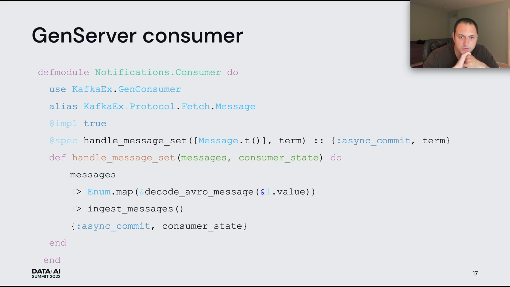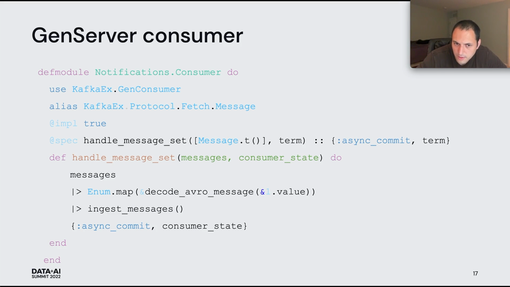So messages comes in as a list, and we start the pipe chain. We send that collection to Enum.map. For each message, it's going to decode it as an Abra message. The &1 is a shorthand for the first argument without having to actually create a name for it. You can do that anonymously.